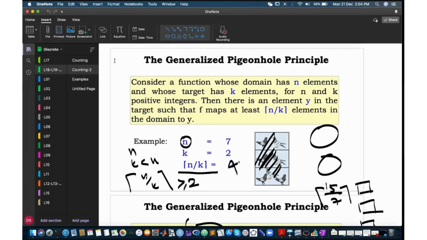However you place them, the average number of pigeons per hole is 2. So there must be a pigeonhole which contains at least 2 pigeons, but it also means there must be a pigeonhole which contains at most 2 pigeons. Is this clear to everyone?